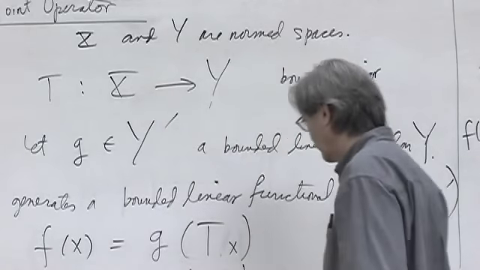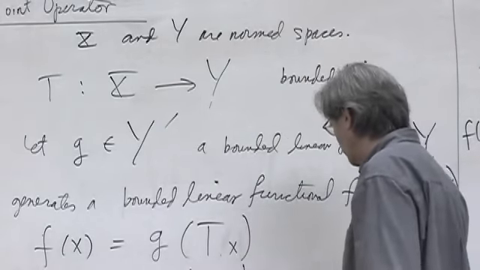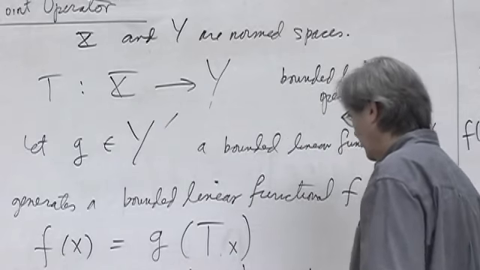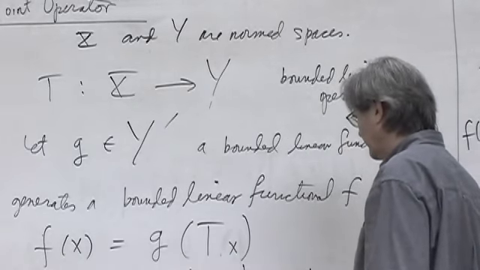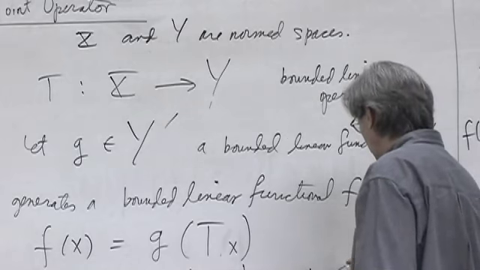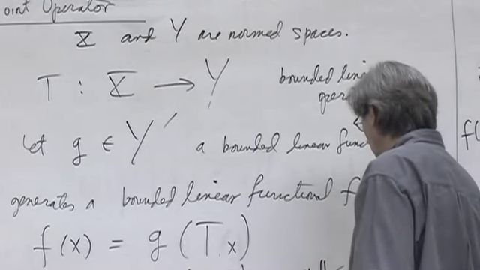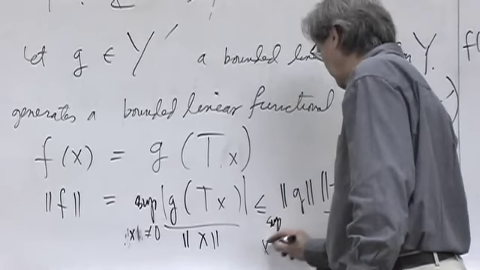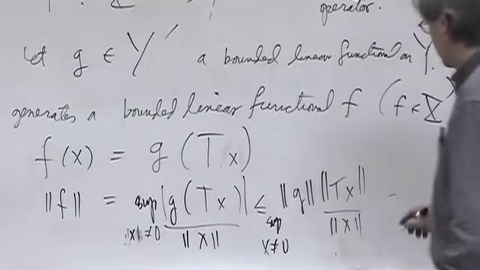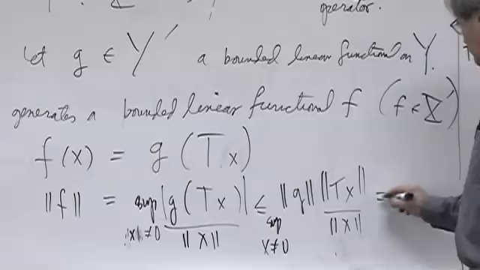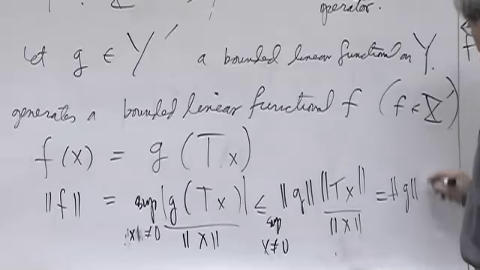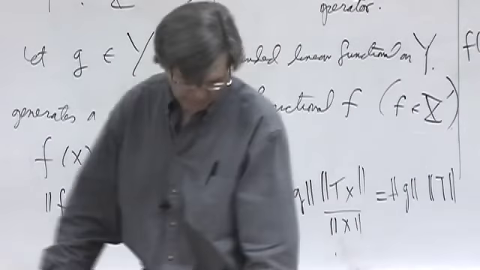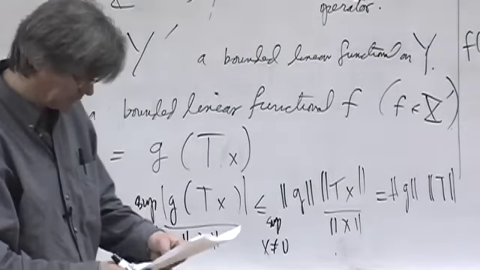G is itself a linear functional, so this is less than or equal to the norm of G times the norm of Tx divided by the norm of X, supremum X unequal to 0, which is just the norm of G times the norm of T. So F is a bounded linear functional.